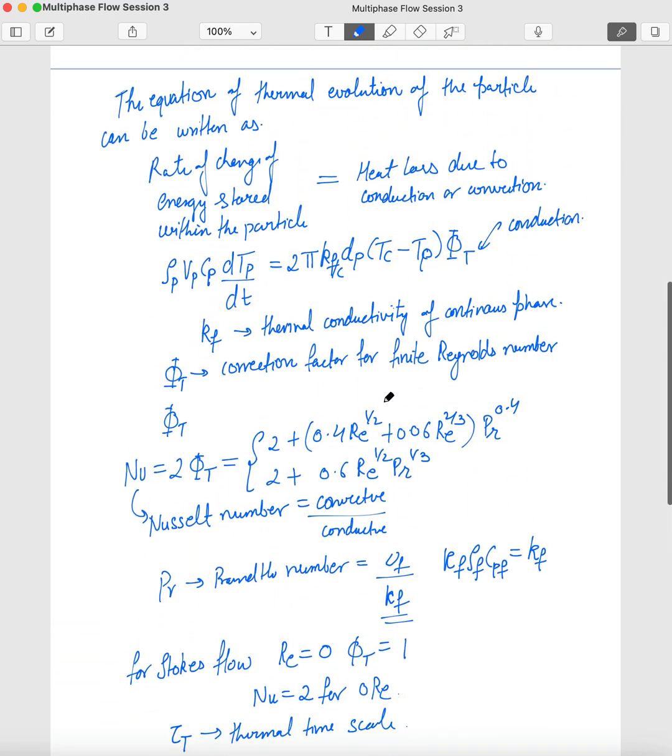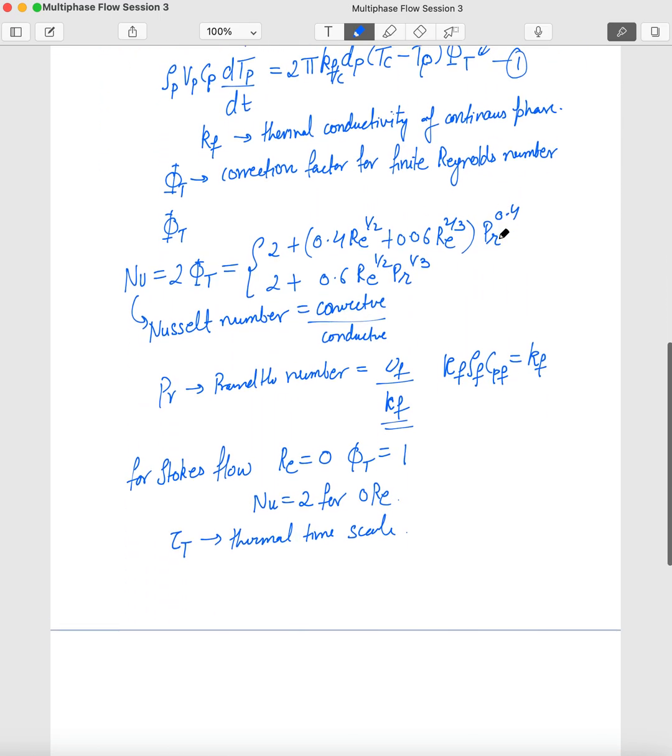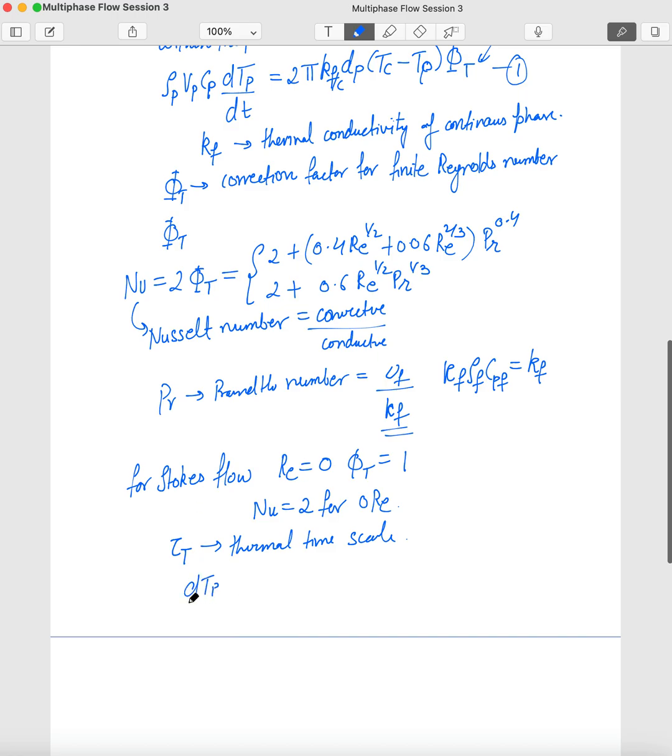So if we look at this equation, let's call it equation 1, we know that dTp by dt should be (Tc minus Tp) divided by tau t, that is the thermal time scale, and tau t can be obtained by putting the value of Vp, and so that comes out to be dp square rho p Cp by Cpf divided by 12 kappa f into phi t.